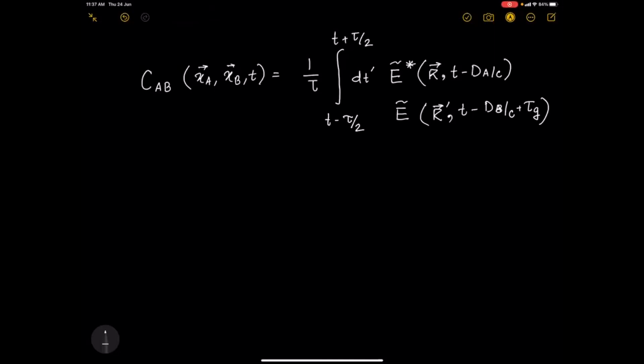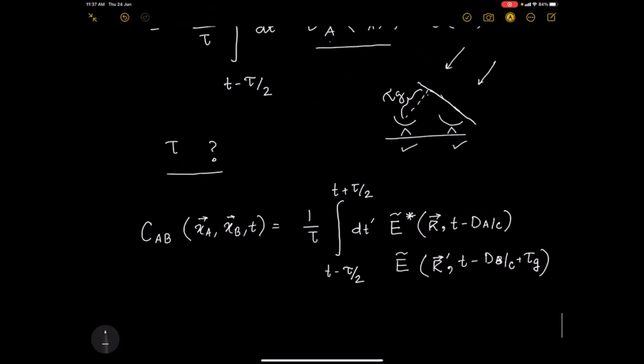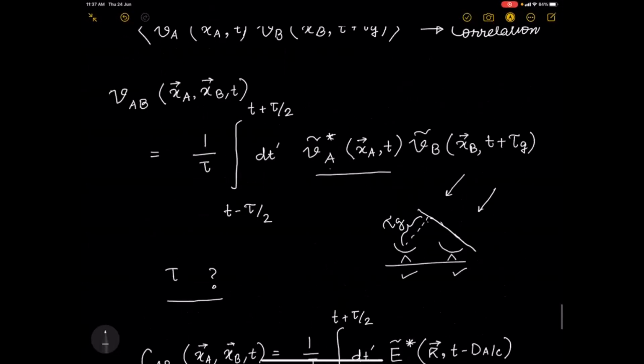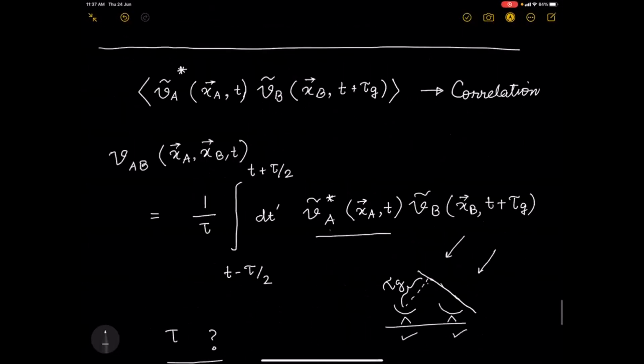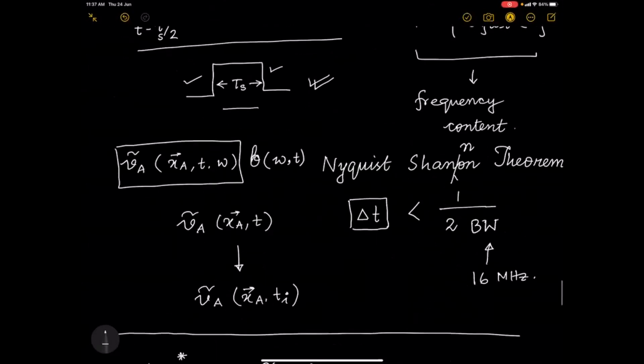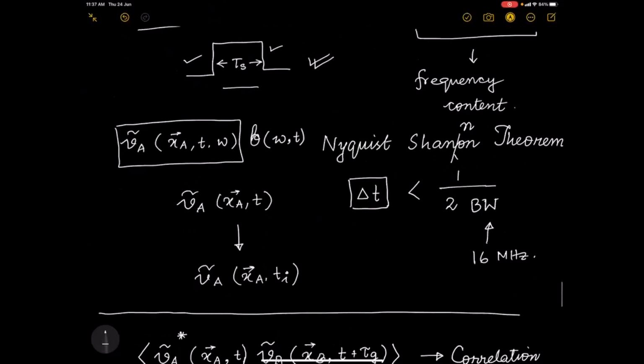Okay, so two of you have asked how I choose the value of tau. What I want to do here is to keep a certain frequency oscillation in my signal.